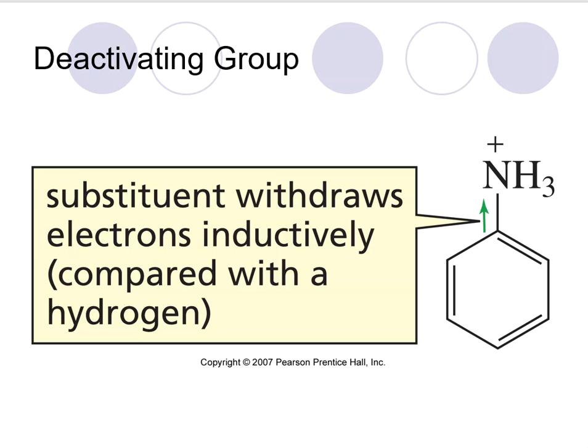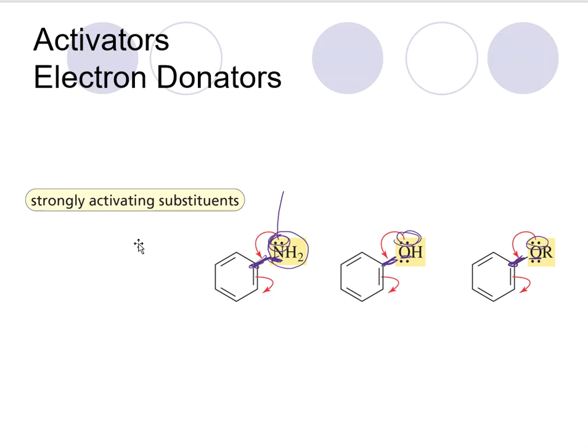Now, these are not the only things that we can talk about, right? I mean, this is a deactivator. This is a protonated amine that's a deactivator here. In the other slide, you saw amines and OHs and ORs as activators. But folks, that's only the skim of the top of the benzene reactions and the benzene substituents.